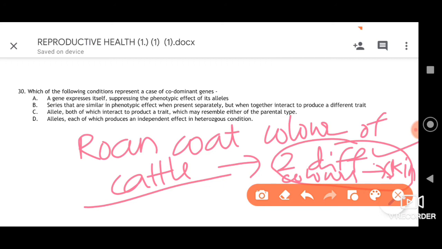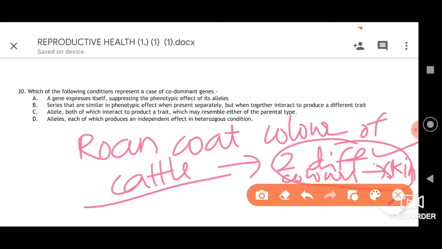So among the given options, what is the first option given? A gene expresses itself suppressing the phenotypic effect of its alleles. There is no suppression of phenotypic effect of alleles here. The second: genes that are similar in phenotypic effect when present separately but when together interact to produce a different trait.